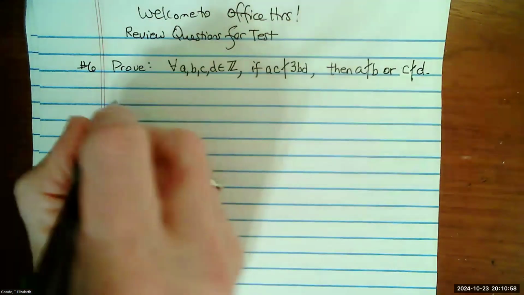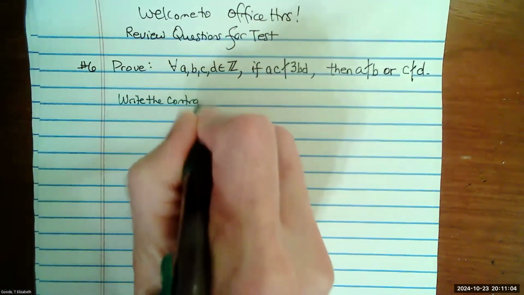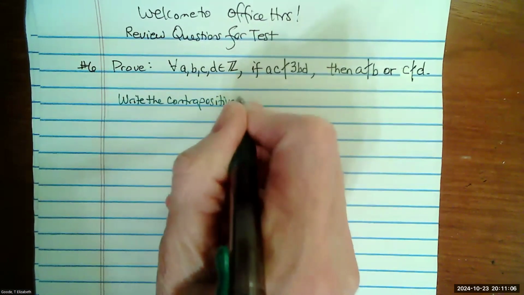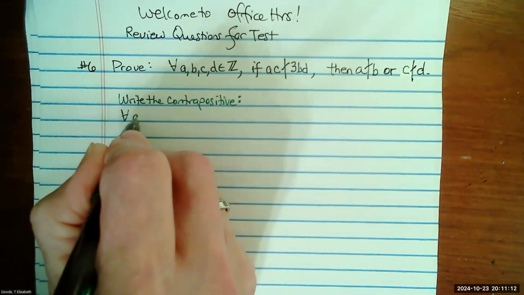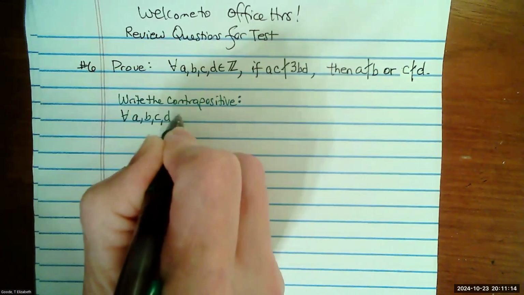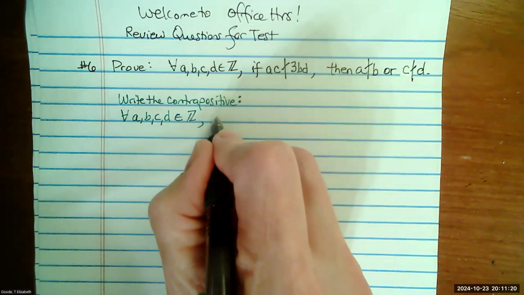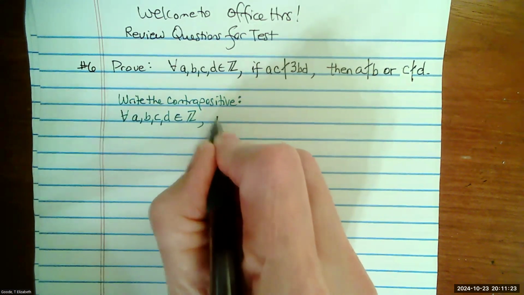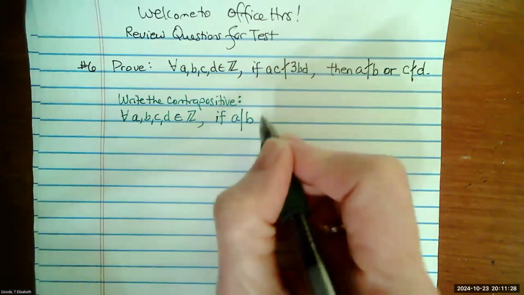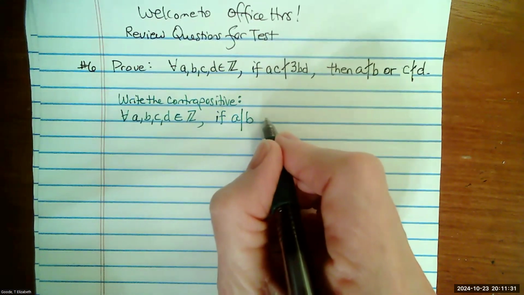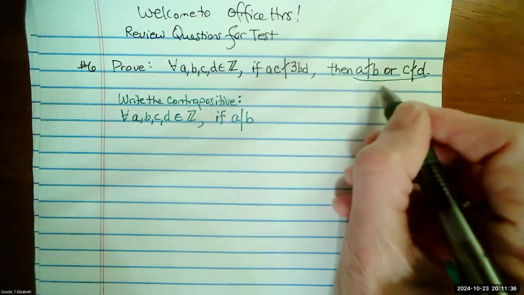So can you help me write the contrapositive? Because we're going to prove this by contrapositive. For all integers A, B, C, D, if A divides B or C divides D... well, what does De Morgan's law say when we negate an or statement?